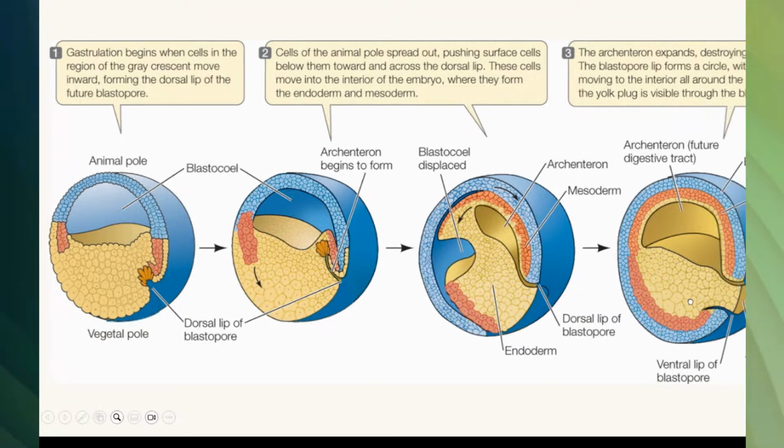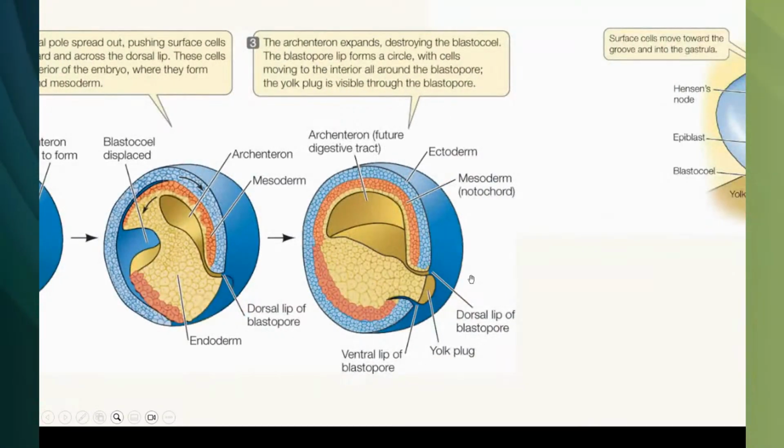On this side you have the dorsal blastopore lip, which acts as the organizer. It releases BMP inhibitors, so that this side of the embryo can get specialized as dorsal and the other side as ventral.